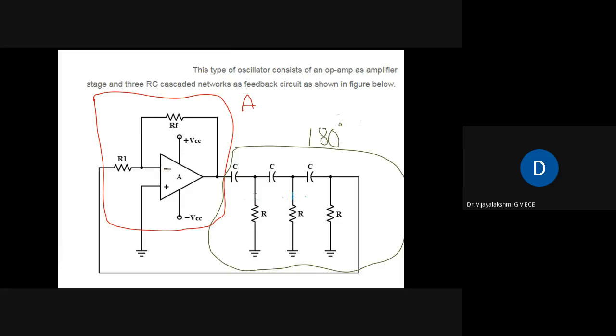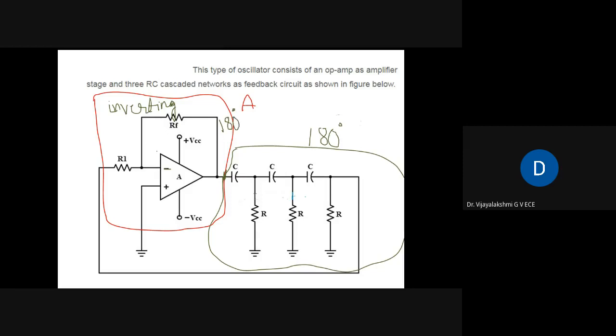That means what? Your amplifier is configured in inverting mode. So you all know when the amplifier is configured in inverting mode, what is the output phase? It produces an output here which is 180 degrees with respect to the input.